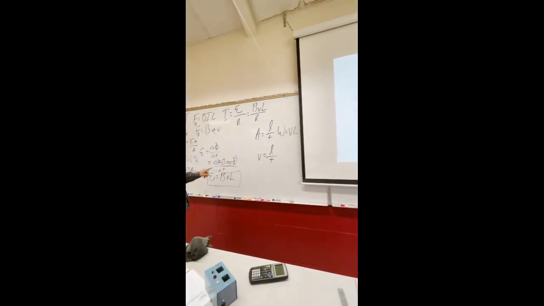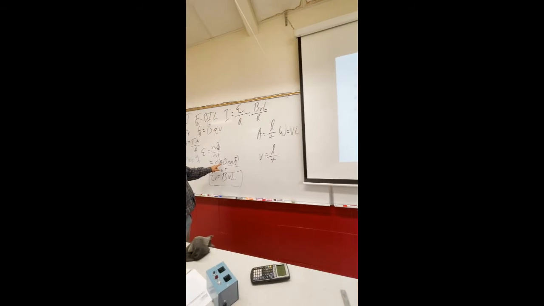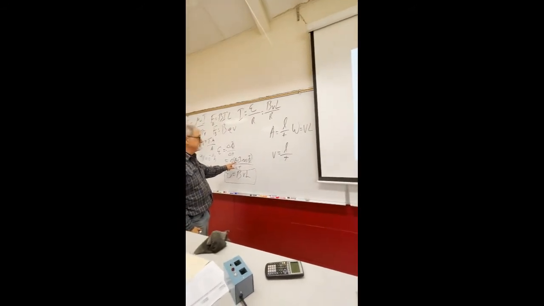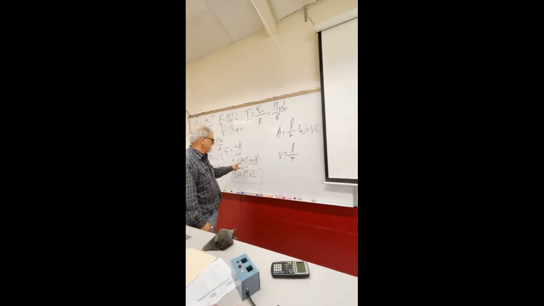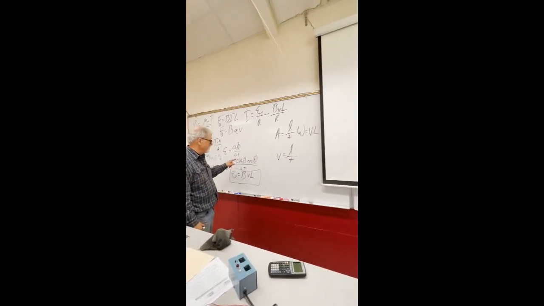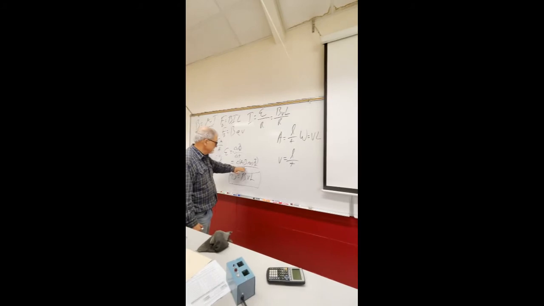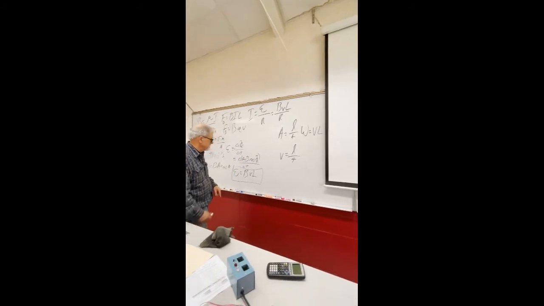The area is velocity times the length, and velocity is width over time. So that's where this goes away, and that's where we do this.